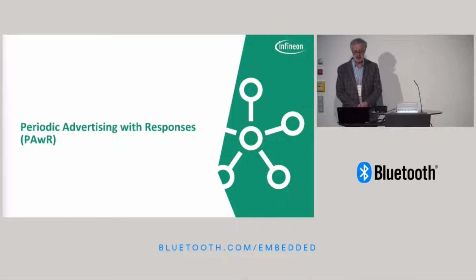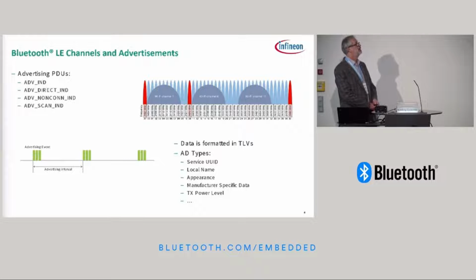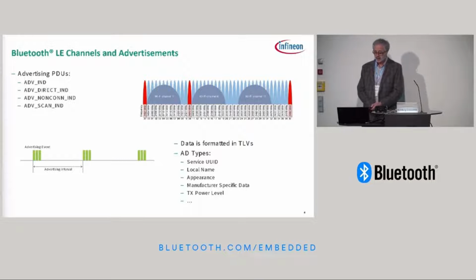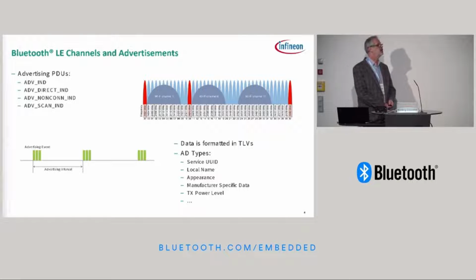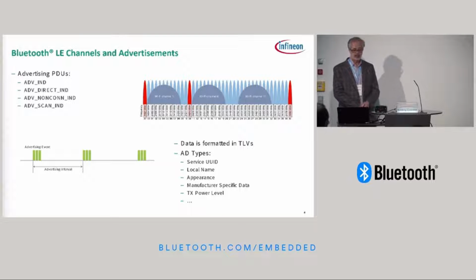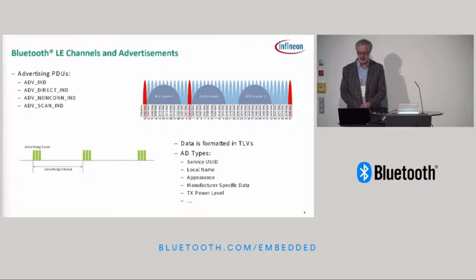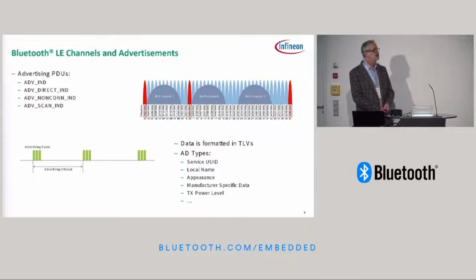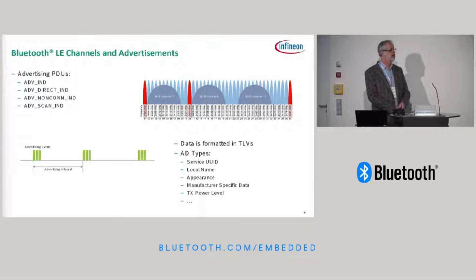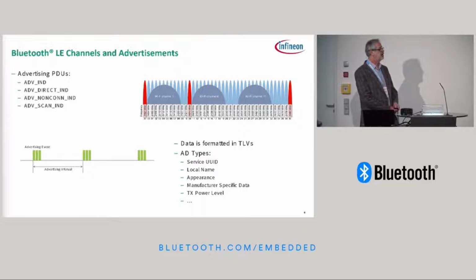Before we go into that, we'll do a little bit of history here. That all started with the advertisement, which was a flagship feature of Bluetooth Core 4.0 that introduced Low Energy. And LE advertisement was used to just broadcast some information and allow devices to connect.